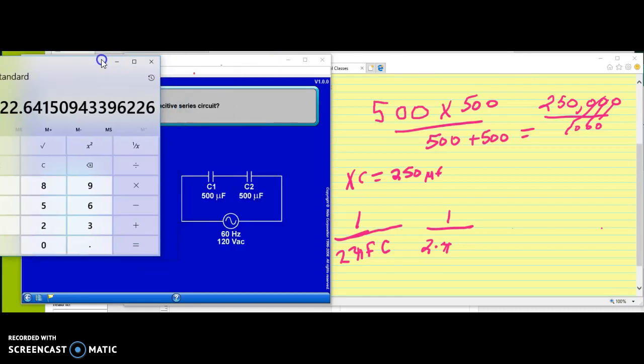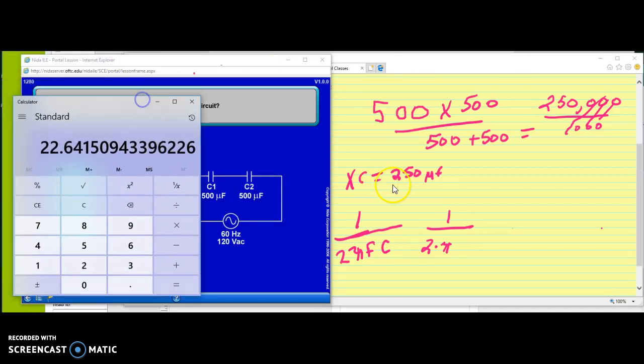I believe it was 60. Yes, it was. So back down here, 1 over 2 pi times 60 times, and it should have been, instead of 500 like I did a moment ago, and hopefully you caught that as it was happening, but I did not.